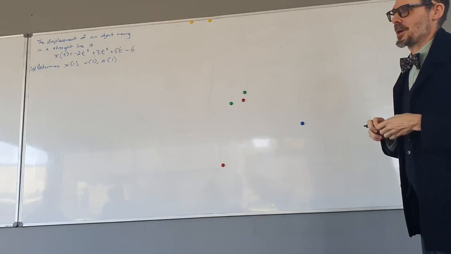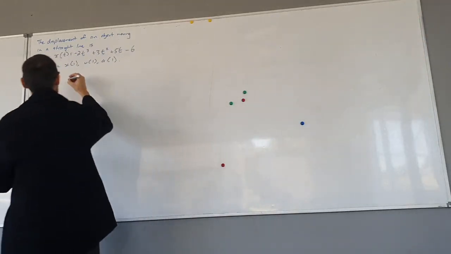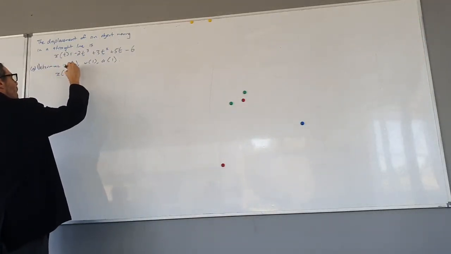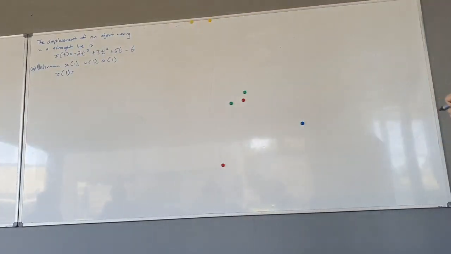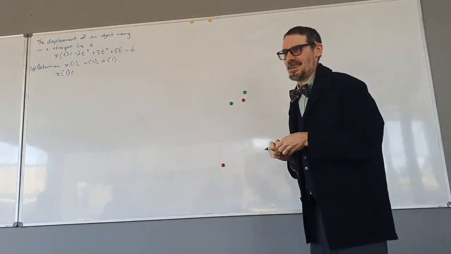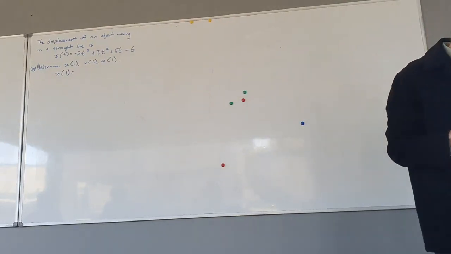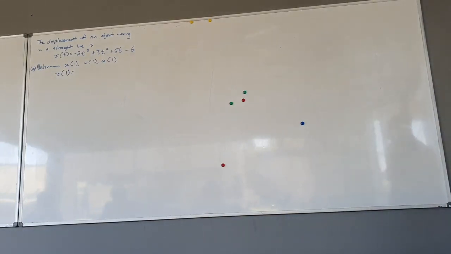And you can go ahead and work out x at 1 straight from what you've got there. Off you go. Give me an answer in meters. Just meters. Yeah, that's all you've got to do.